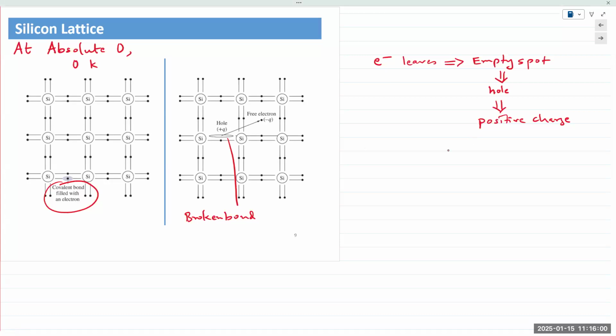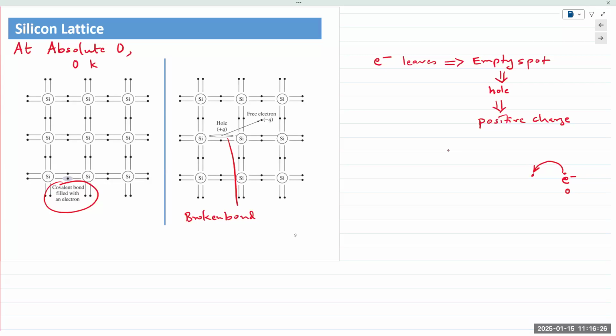Let's say we have an electron here, and then it moves to another spot. It's going to leave behind a hole in its place.